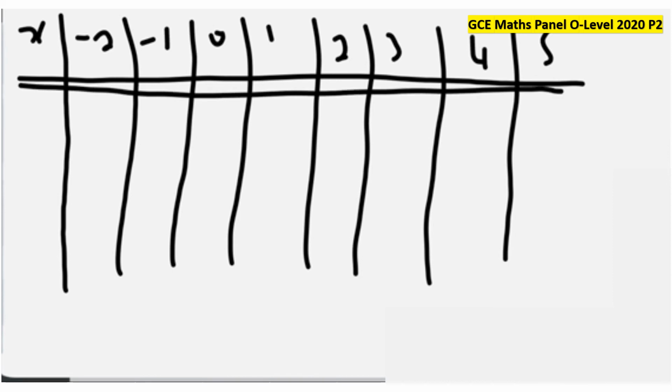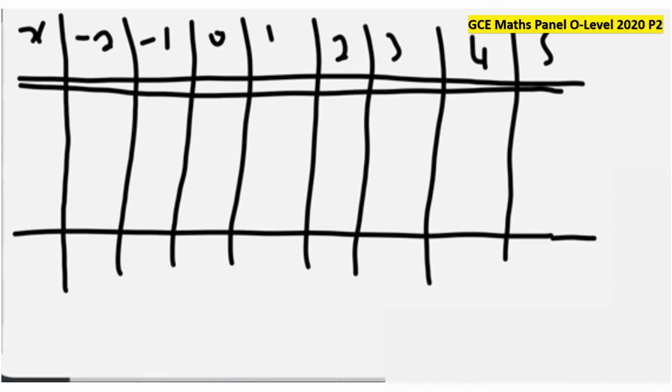So I'll take this function and divide it into 3 parts. The first part of my function is the constant 5. The second part of it is the term 3x, and the third part of it is the minus x squared.